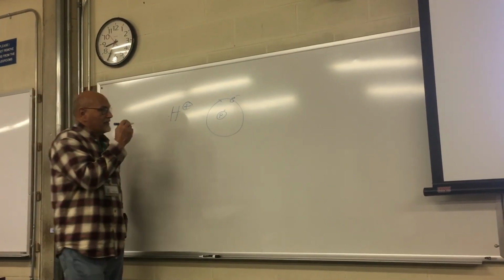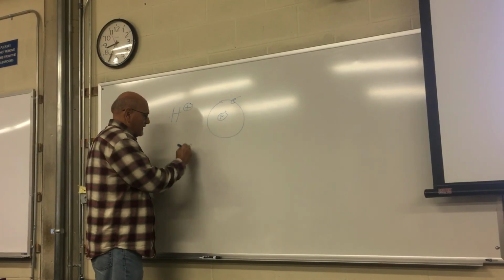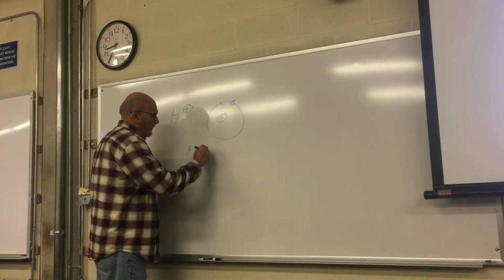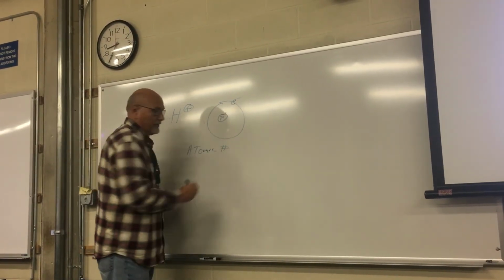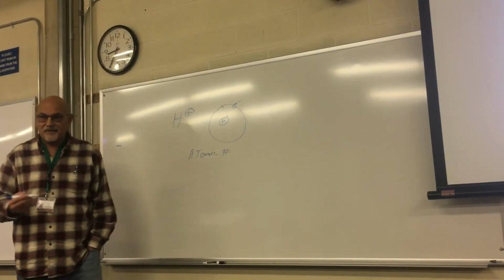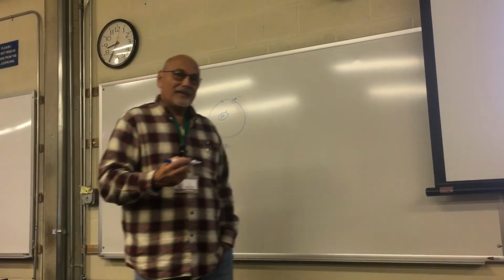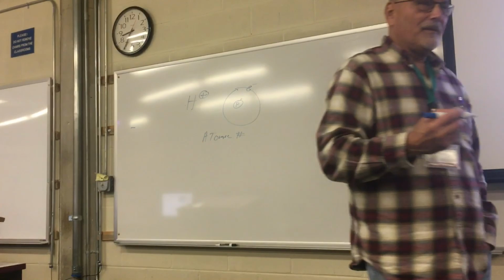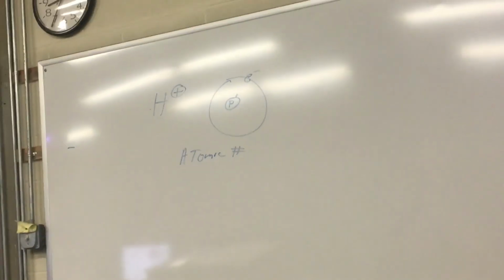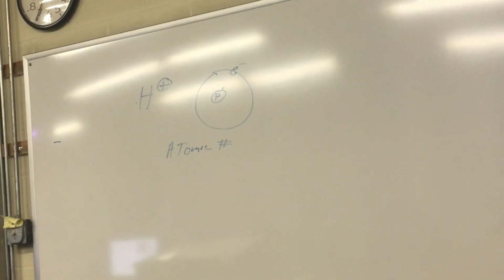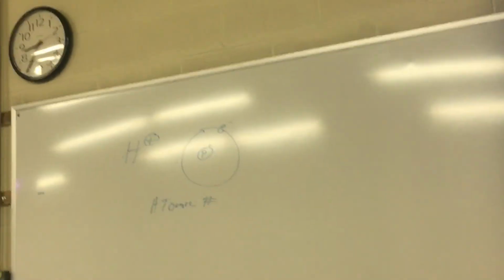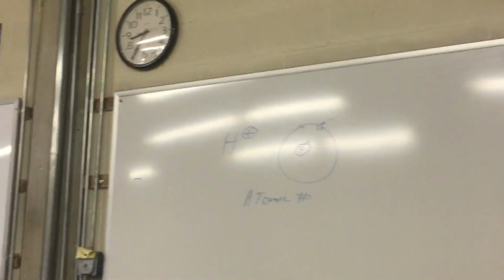So just know that. How do we get this thing called atomic number? It's not a hashtag. What are we reading to get atomic number? Say atomic number is 6 and atomic mass is 12. How do we come up with that?